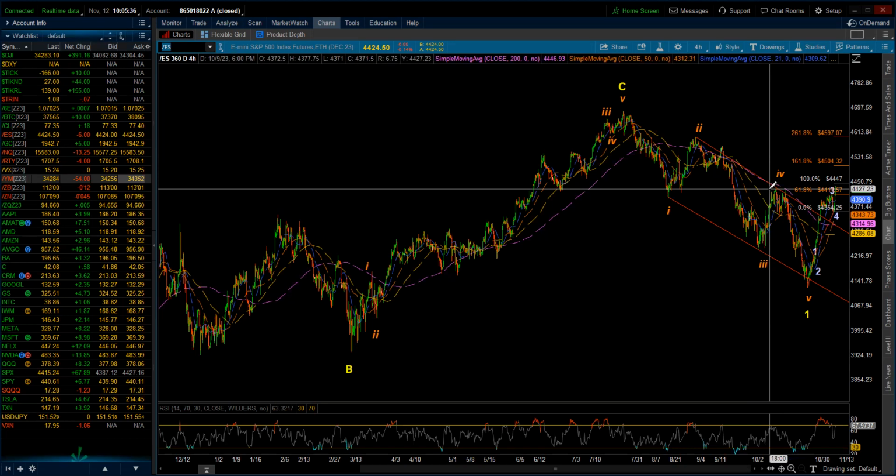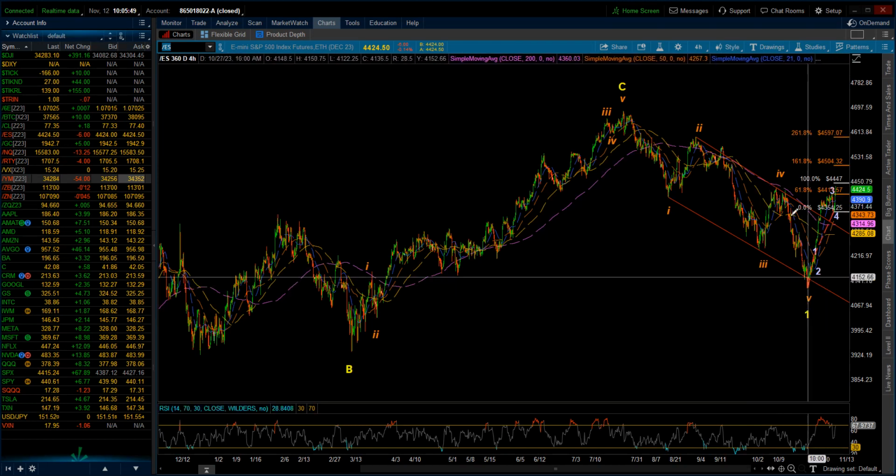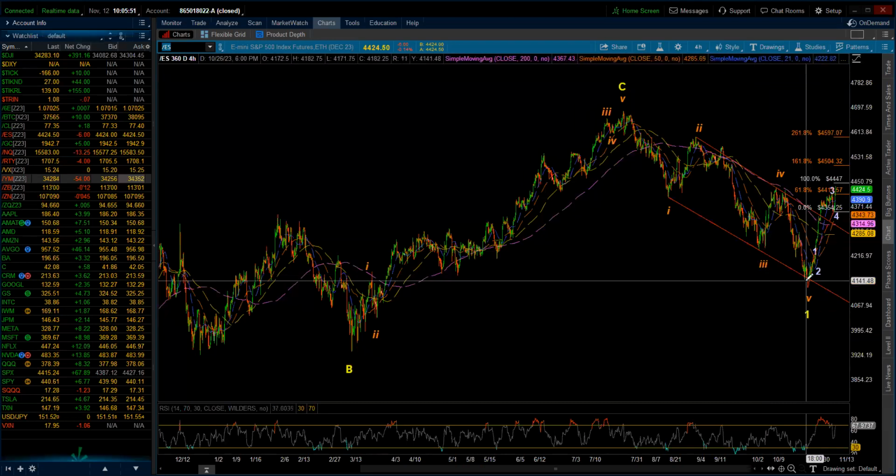We're going to just refer to the leading diagonal. In a leading diagonal, wave 5 always ends beyond the end of wave 3. End of wave 5, end of wave 3. Rule met. It also talks about how in a contracting variety, wave 4 is always shorter than wave 2, and wave 5 is always shorter than wave 3.